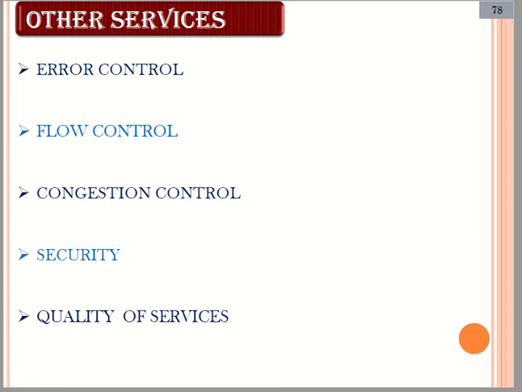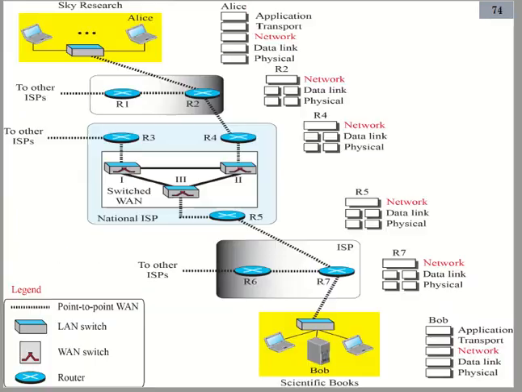With this, we'll move on to the next part, which deals with packetizing and routing the data to the destination. First, we'll see how communication occurs at the network layer. In this diagram there is a communication from one source to one destination, here between Alice and Bob.